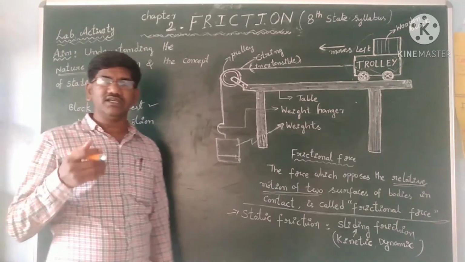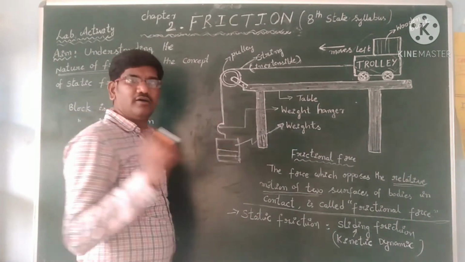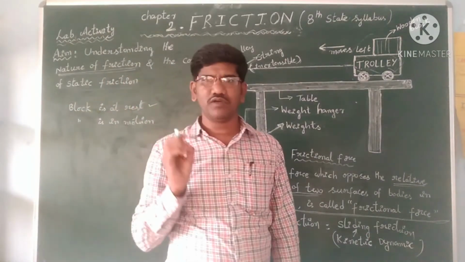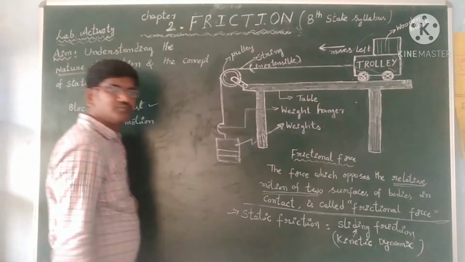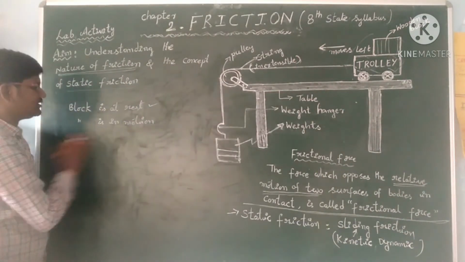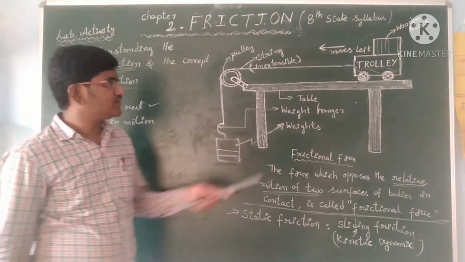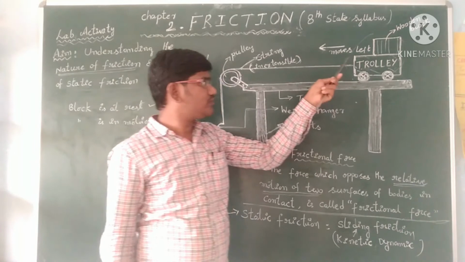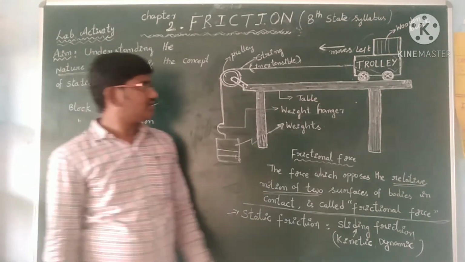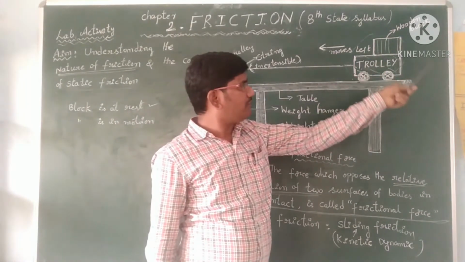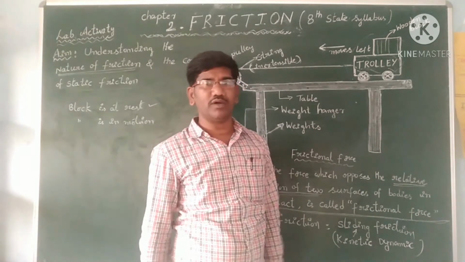Now increase the weights and observe the motion of the trolley and the wooden block. When we increase the weights, the entire system moves with a greater acceleration, and the wooden block may fall backward, but the trolley is stopping it from falling in the backward direction.